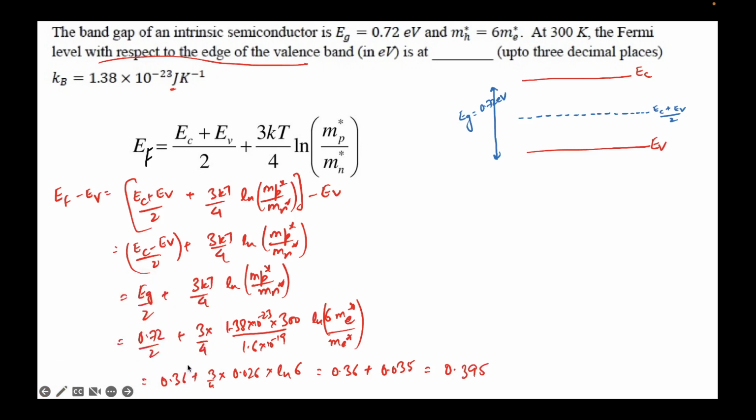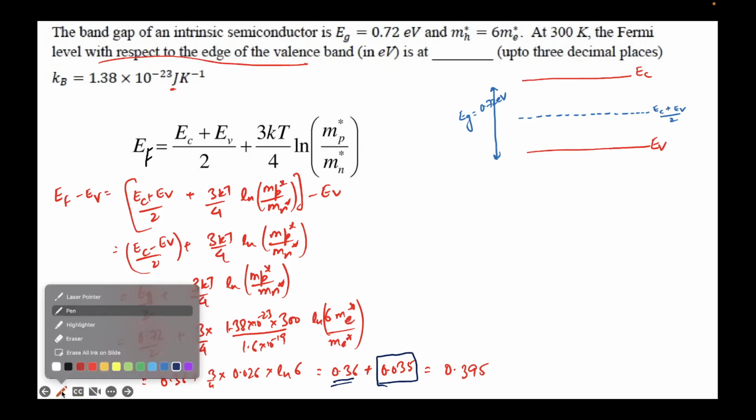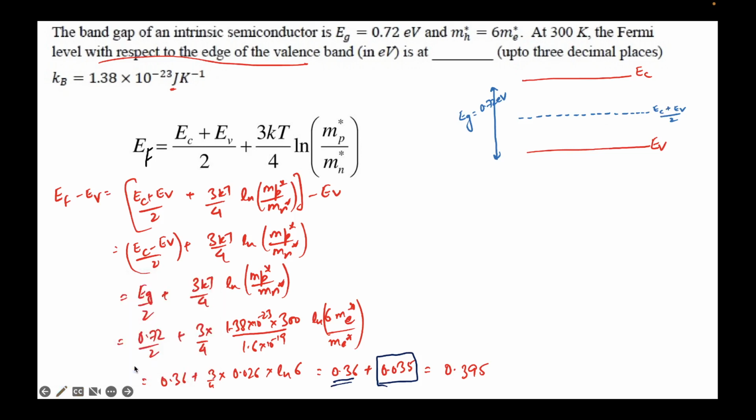Now note that the deviation from the mid gap is 0.035. 0.36 is the mid gap level, which is Eg by 2. However, EF rises 0.035 above the mid gap. So if this was EC plus EV by 2, our EF, in green color, is somewhere here.